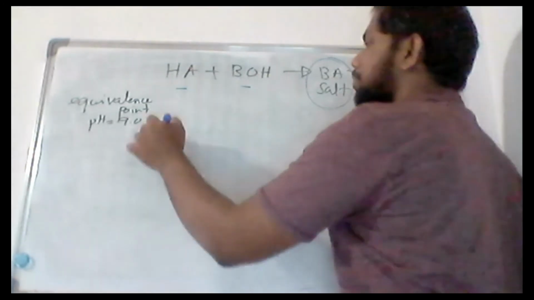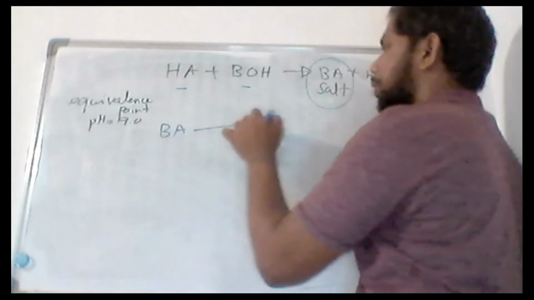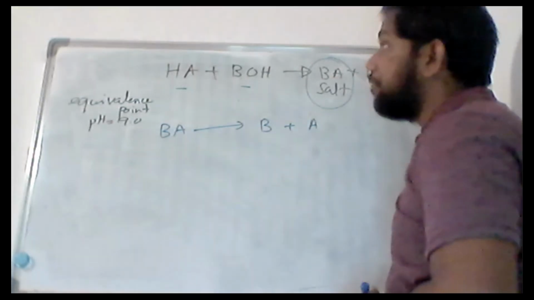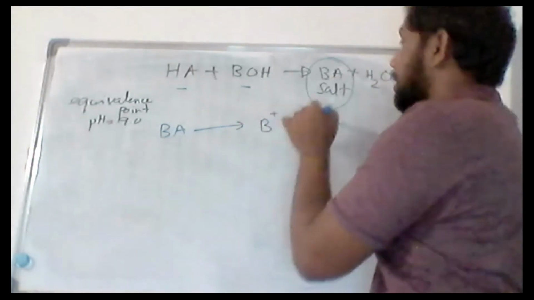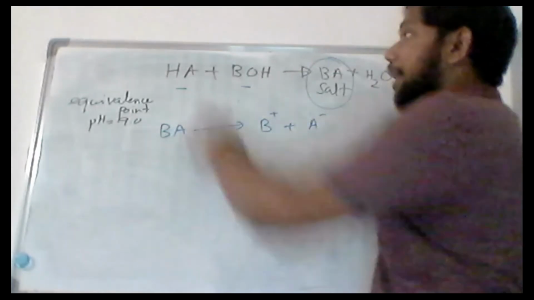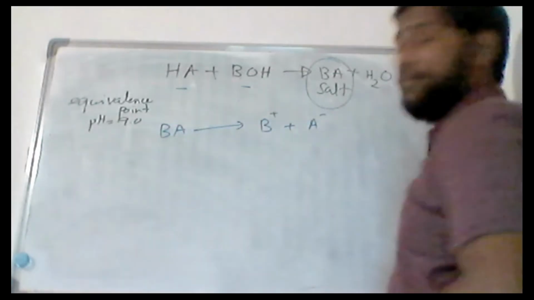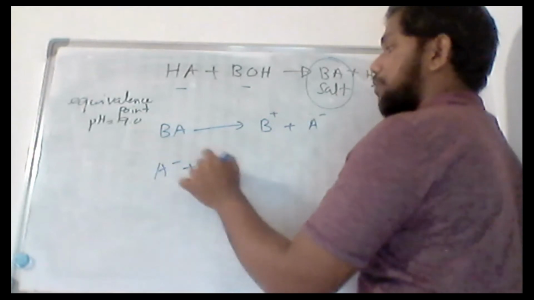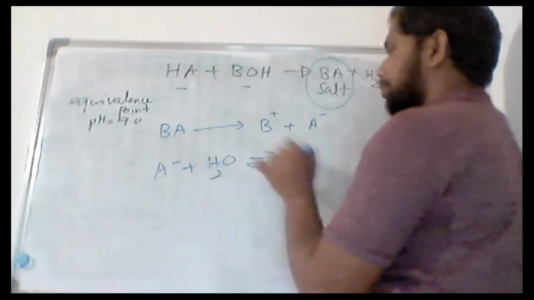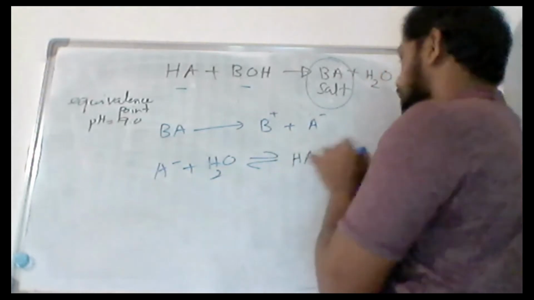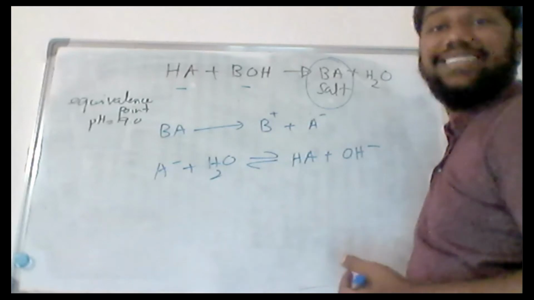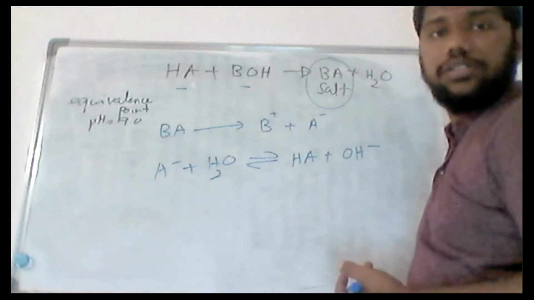So basically what is going to happen, BA is going to give you the anion and cation form, which is B+ and A minus, and this A minus, which is derived from the acid, is going to react with water to form HA plus OH minus, which is the base hydrolysis.